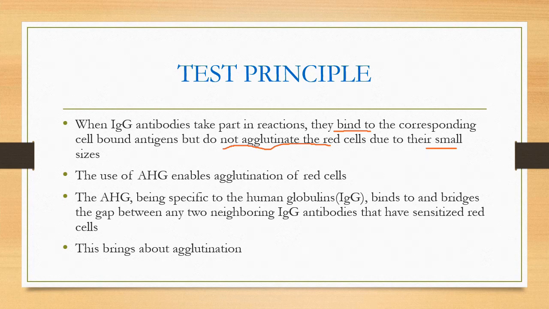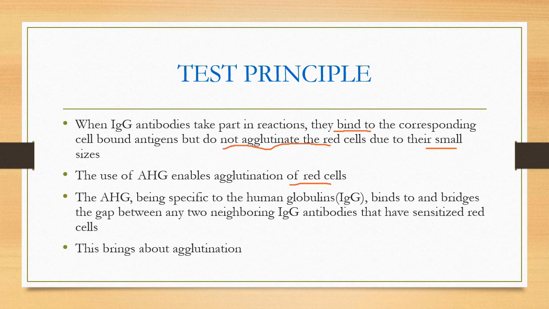So whenever you see agglutination, that would be a confirmation that a reaction has taken place. If an antibody takes part in a reaction and you're not able to see agglutination, you can easily confuse that with no reaction. So the use of anti-human globulin, which is our Coombs reagent, enables agglutination of the red blood cells.